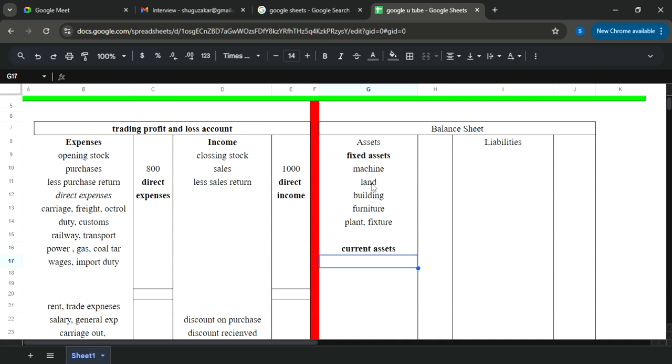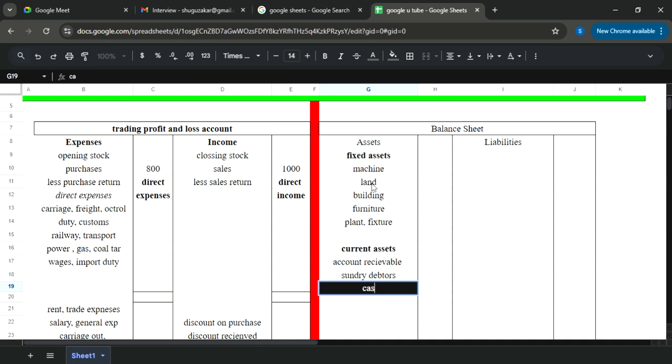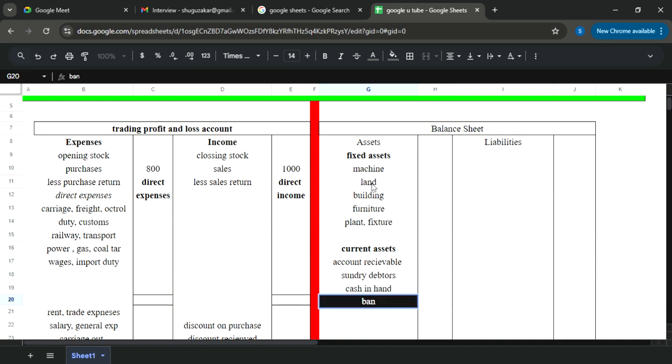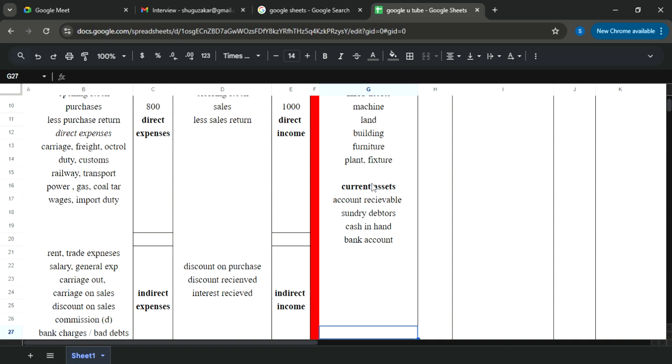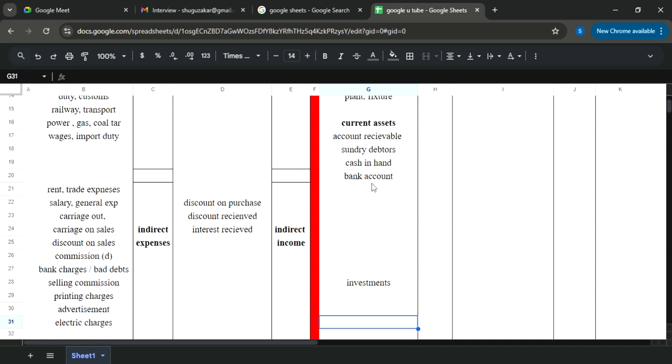That means assets which can be converted into cash easily. For example, accounts receivable, sundry debtors, cash in hand, bank account. And finally, investments, those would be written after that.